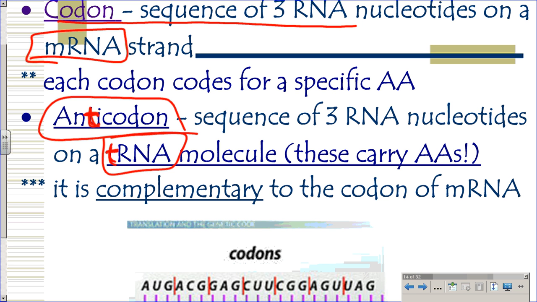They complete each other. The mRNA codon is completed by the tRNA anticodon. And that helps us get that final step, bringing the amino acids to the ribosome for the final step of protein synthesis, where we're going to write some information about that.